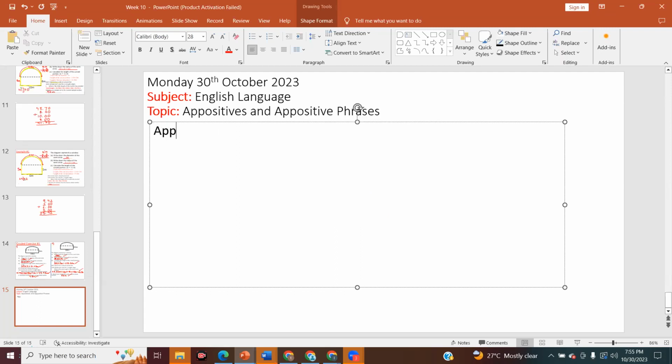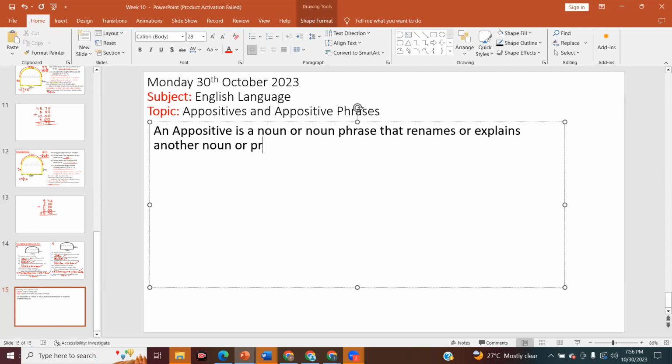Let me start with an appositive. An appositive is a noun or a noun phrase that renames or explains another noun or pronoun in a sentence.